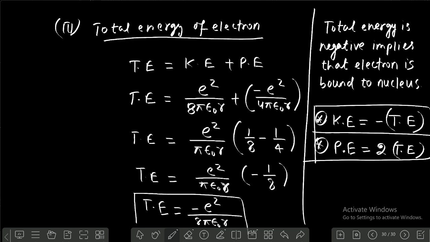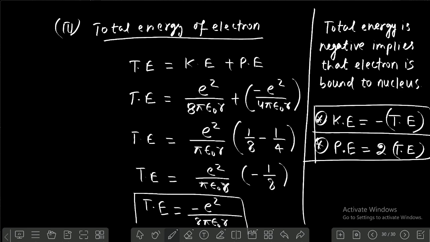Remember this derivation and formula. They will ask you to derive the electron energy according to Rutherford's atomic model for the hydrogen atom. So this should be the derivation, with the last expression being total energy. How to find the total energy?